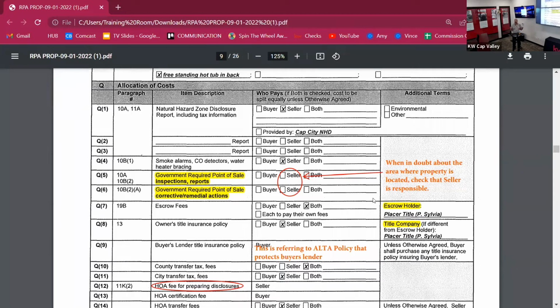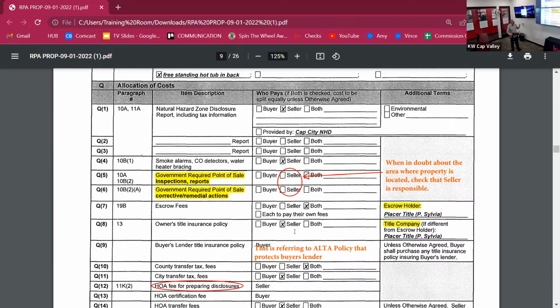So when you sell, they require the fire department to go out and test the water system, the fire safety system. They issue a certificate and send it to the escrow company, letting them know it was safe. So that's what that's referring to.